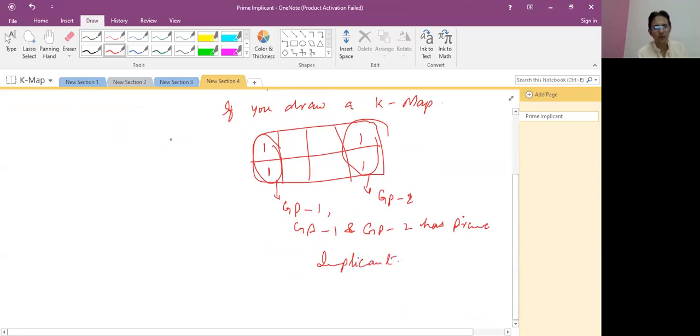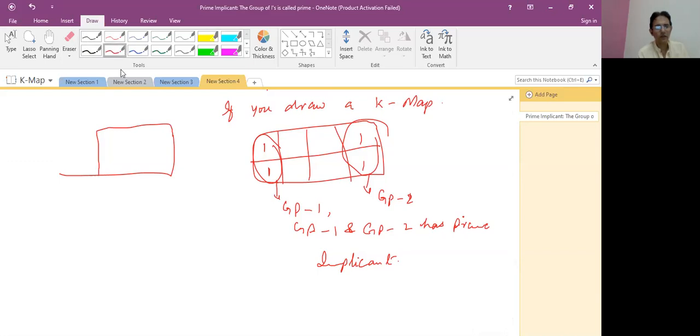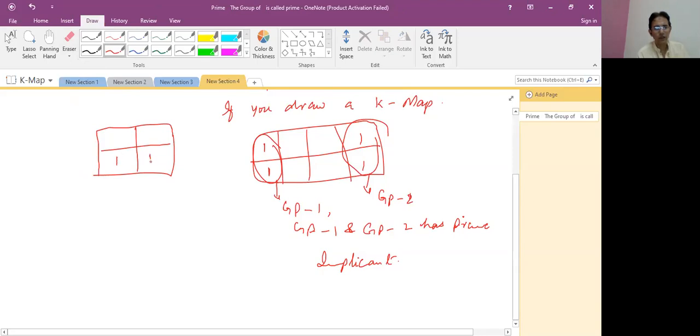I give you another example. For example, student, if we consider a square, it means when we talk about K map in two variable, the entry is in this way, that means it has a loop.